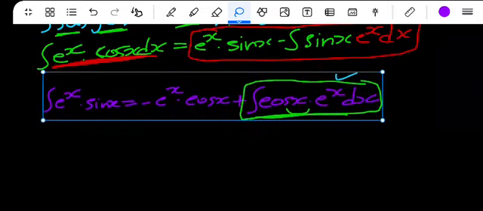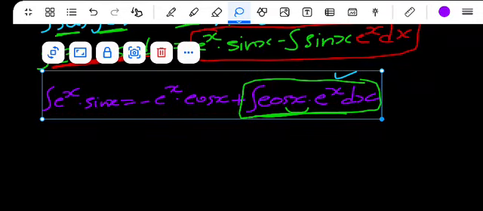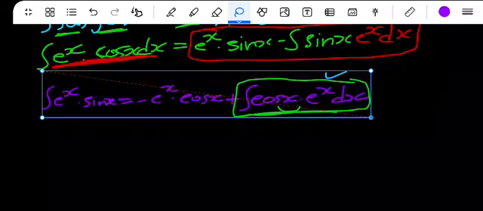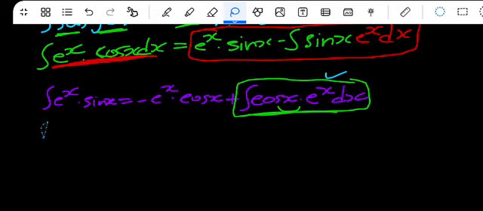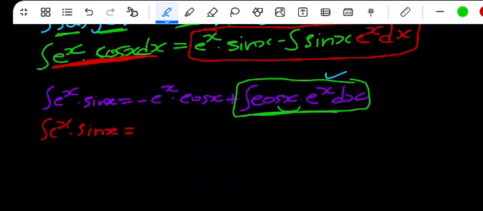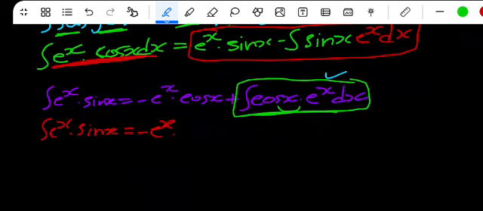So we have this on our left hand side: negative e^x multiplied by cos x plus, but this we've said is equal to this on the top.